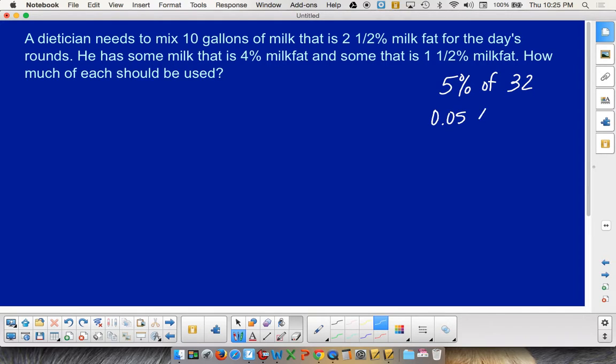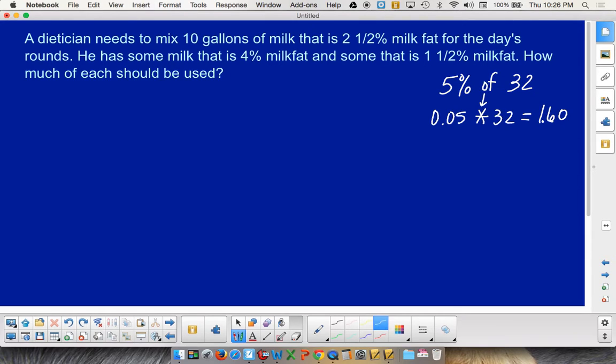You take 0.05 of 32. Of translates to multiply, always. If you multiply 5 times 32, you're going to get 160. But I have to move my decimal point. So it's actually 2 places, so it must be 1.6. Okay, I know that was really basic, but I got to make sure we remember how to find the percent of something. Kind of crucial here.